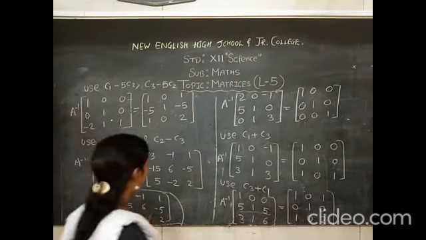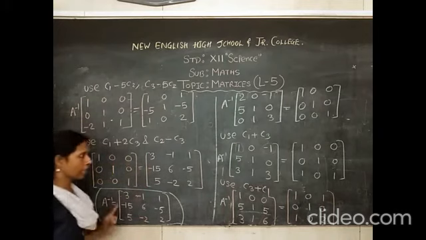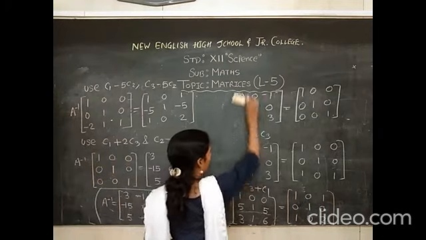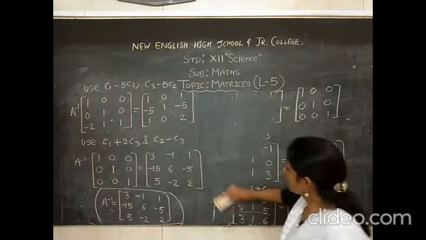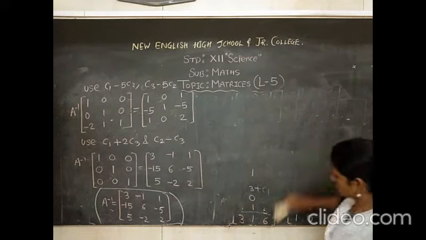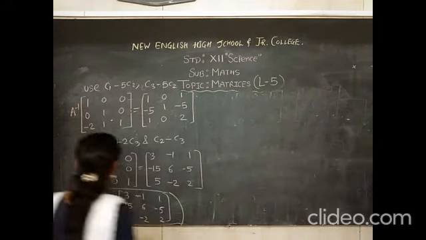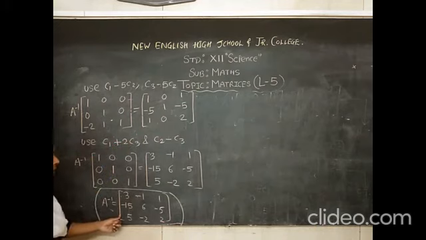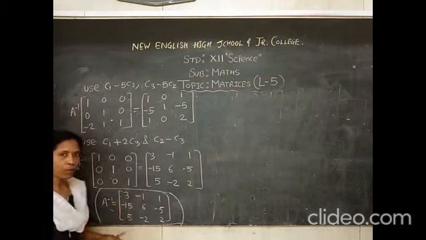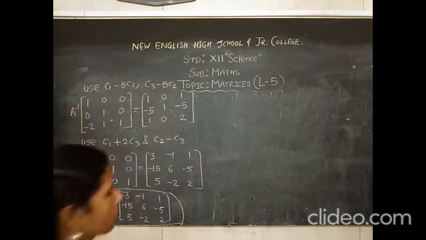Done? Children, if you want, you can cross check your answer, whether your answer is right or not. Just simply multiplying this A inverse with your matrix A. You multiply given matrix A with this matrix, you should get identity matrix. If you are getting identity matrix, means you are right. If you are not getting, that means you are wrong.